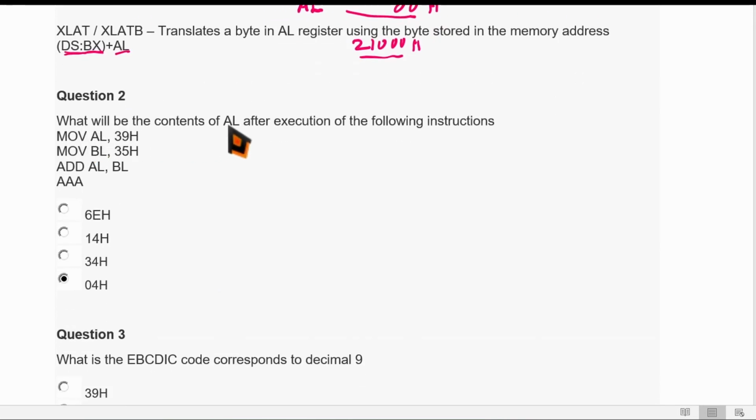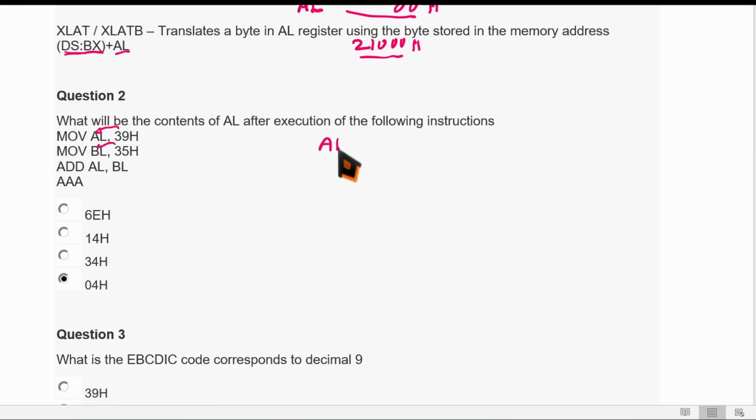What will be the contents of AL after execution of the following instructions? MOV AL, 39H. So 39 will be moved to AL. Similarly, MOV BL, 35H. So 35 will be moved to BL. Now ADD AL, BL.